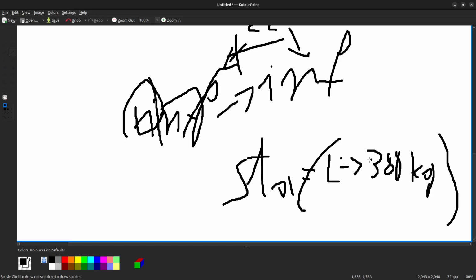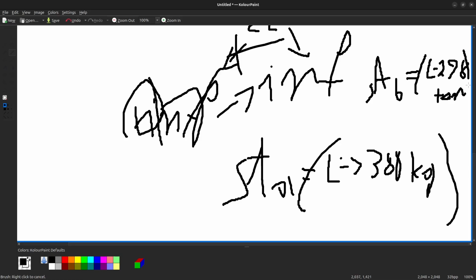But somebody says, actually, I have a study called Study B, and that Study B tells me that a lion weighs, let's just write it more quickly, 298 tons. It's a pretty large beast. That's what the study says. I'm not the one creating it. This is what a person found. Some person created the study, and I don't know how they did that, but it must have been a pretty big lion.